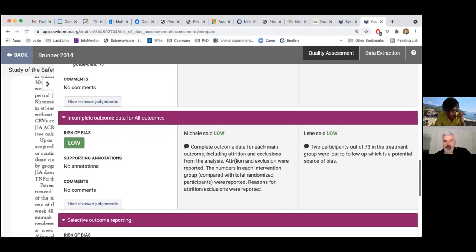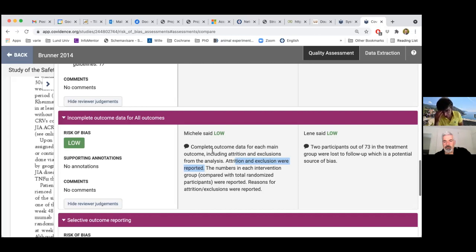Yeah, so it's good if they report the cause why these children were excluded. I don't know, the child moved to Spain, or the parents opted out of the consent. So it's good when they report in the paper reasons why these children dropped out.